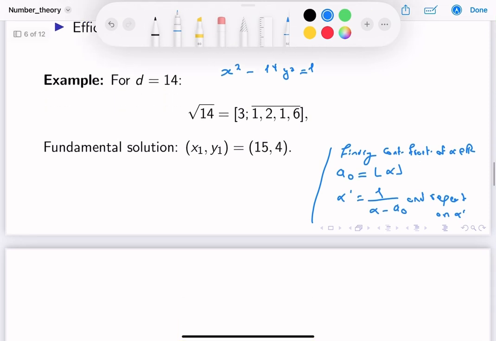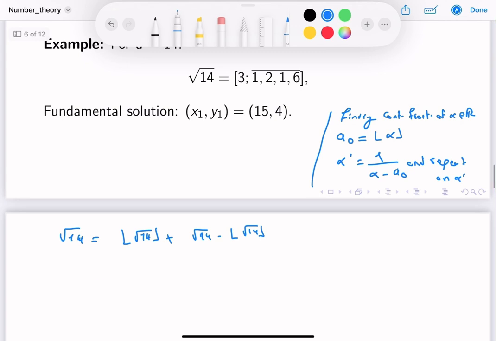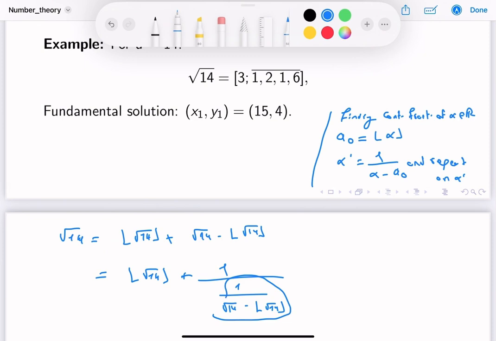So in other words, here the square root of 14 is just the floor of that, plus the difference, which is the square root of 14 minus the floor of that, and this is the same as the floor plus 1 over 1 over (square root of 14 minus the floor of that), and this is our new alpha that we're gonna repeat the process on.